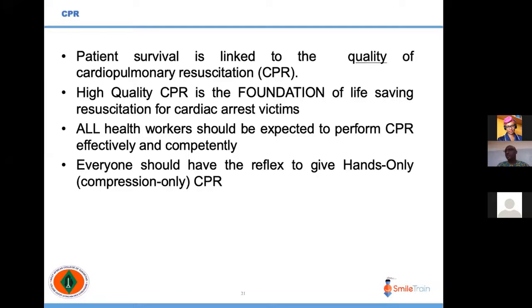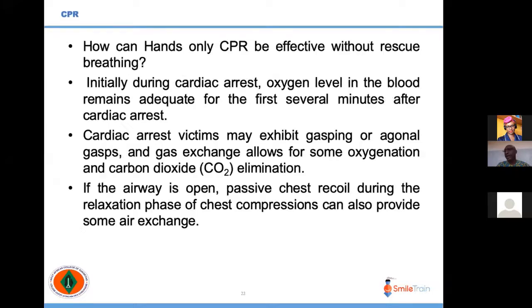And this is justified because initially during cardiac arrest, oxygen levels in the blood remain adequate for several minutes. When the heart stops beating, it doesn't mean the pool of blood in the system has suddenly become deoxygenated. The blood that's circulating might have, for several minutes, some oxygen still in it.